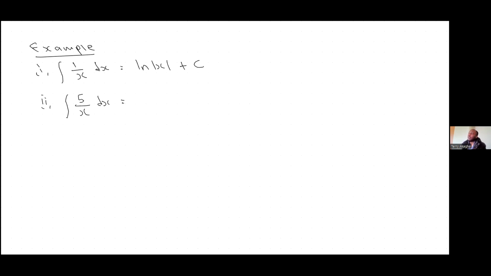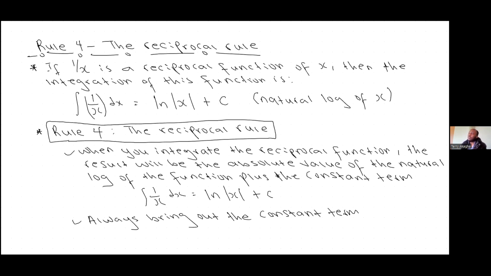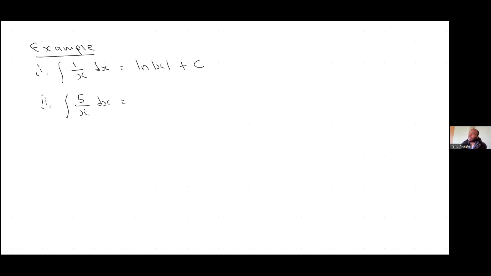Remember I said that you always have to bring out a constant term. This is the same thing as integrating 5 times 1 over x. Are you seeing it? So bring out the constant term. That's going to give us 5 times the integral of 1 over x, which is equal to 5 ln x plus what? C.